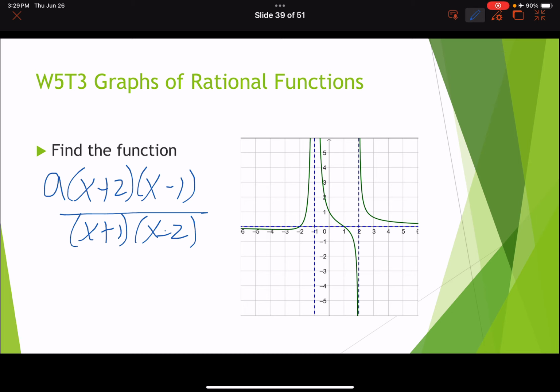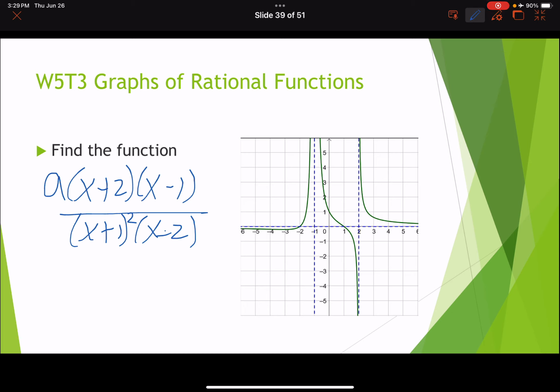At the x plus 1, both ends of the graph are going the same direction, and so that's going to be a multiplicity of 2, so that's going to be squared. At the x minus 2, the ends are going opposite directions, and so that's a multiplicity of 1. That's how you tell with the vertical asymptotes.